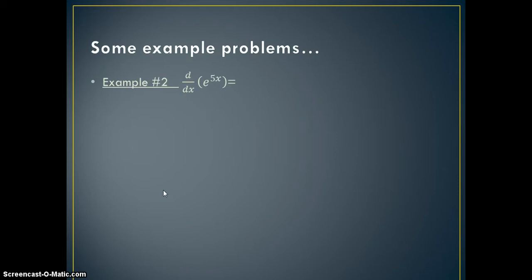Some example problems. Suppose you wanted to find the derivative of e to the 5x. So I just said a minute ago, the most wonderful formula, I think, of all of our derivatives is the derivative of e to the x is e to the x. The problem is we've got an e to the 5x. And what in the world do you do with that 5x part? Well, the 5x is an inside function.